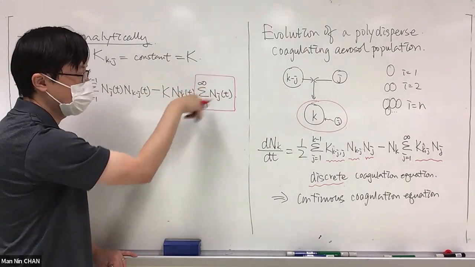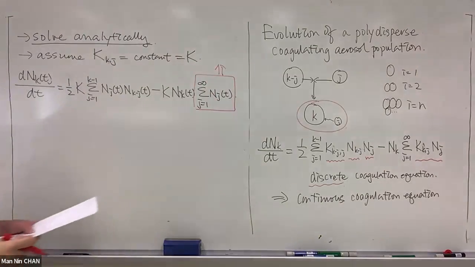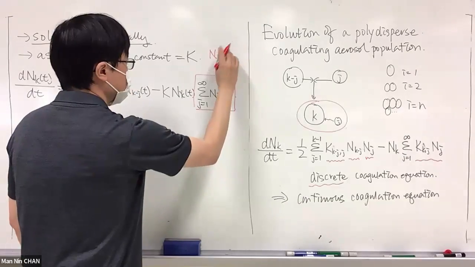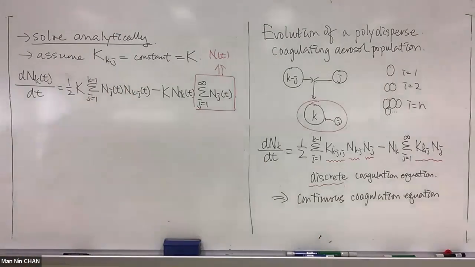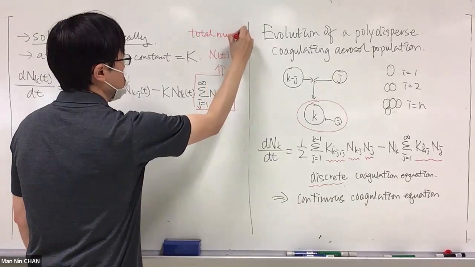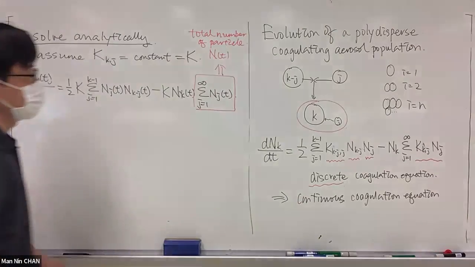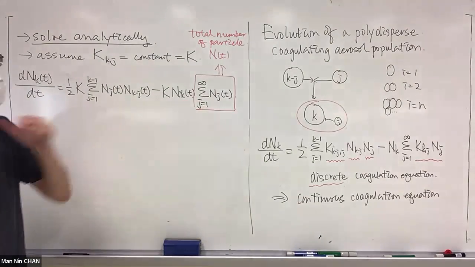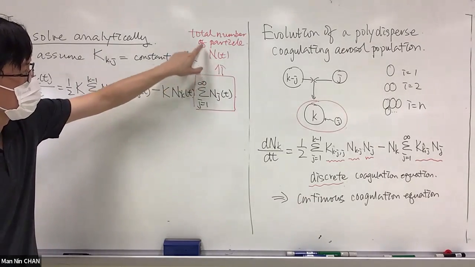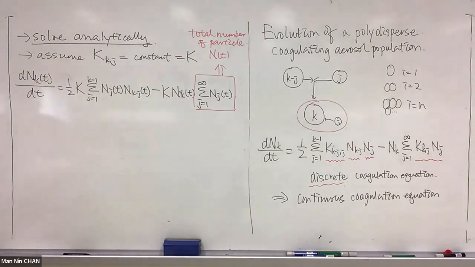So this term is just your total number of particles at a given time. This is N_T, the total number of particles at a different time t.